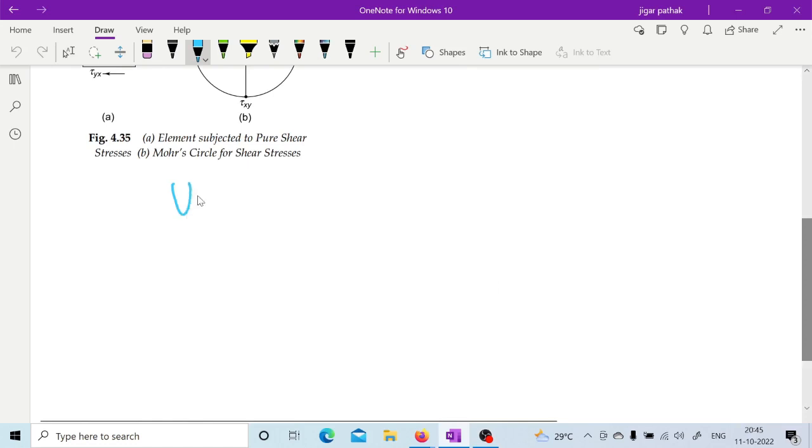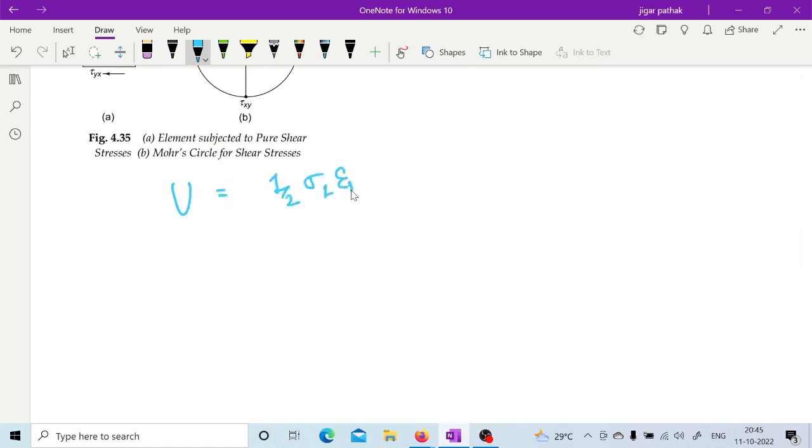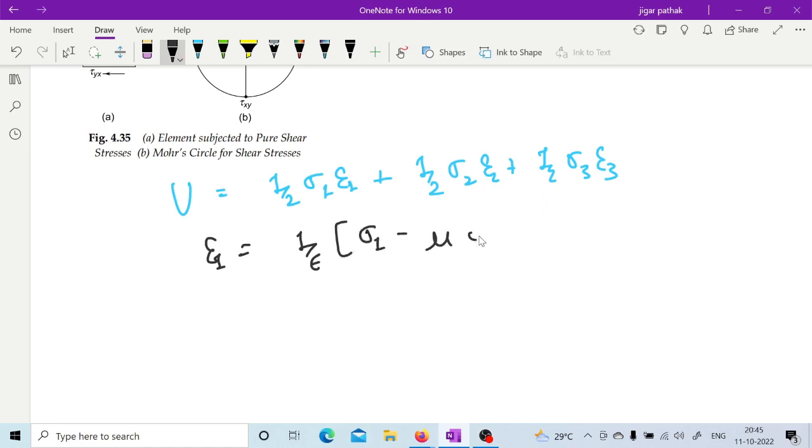If you take all three directions, the strain energy is 1/2 sigma 1 e1, plus sigma 2 e2, plus sigma 3 e3, where these are stress and strain respectively. Here e1 is given by 1 upon E times sigma 1 minus Poisson's ratio mu times sigma 2 plus sigma 3.